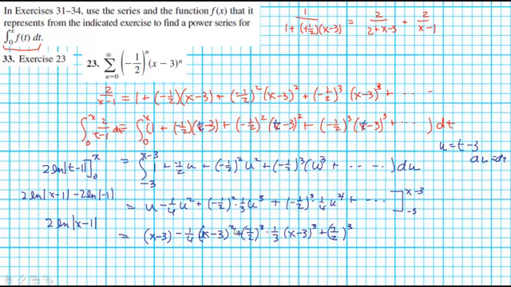This one's squared. Yep, this one's squared here. Plus (negative 1/2) cubed times 1/4 (x minus 3) to the 4th plus dot dot dot.